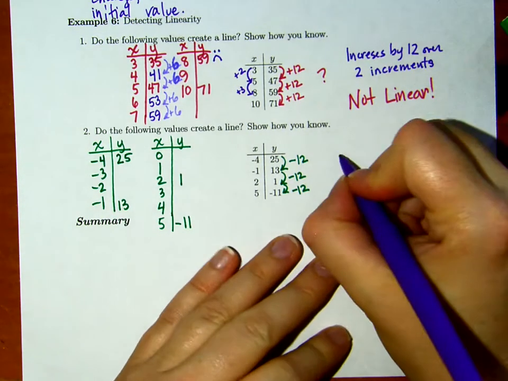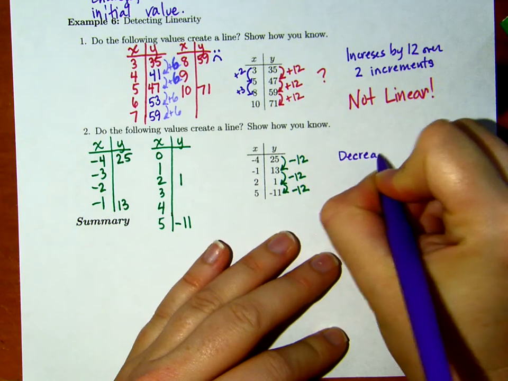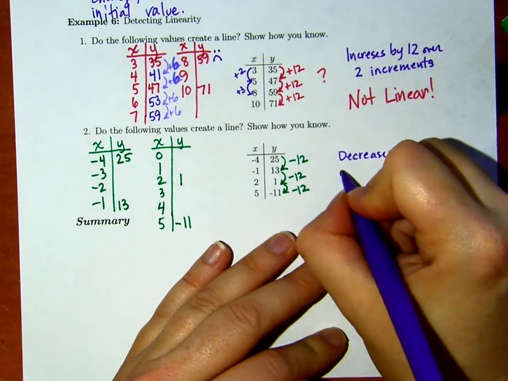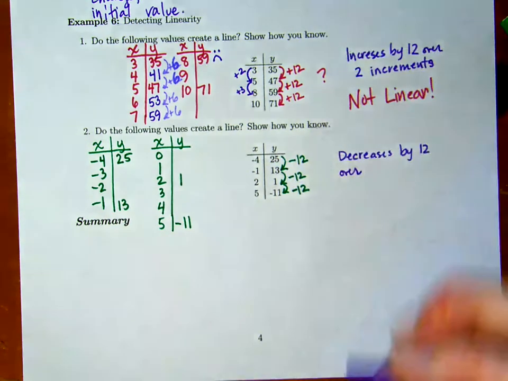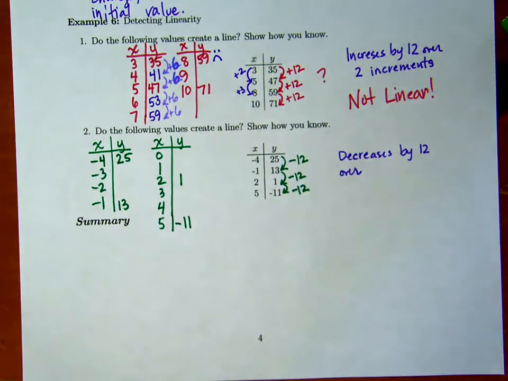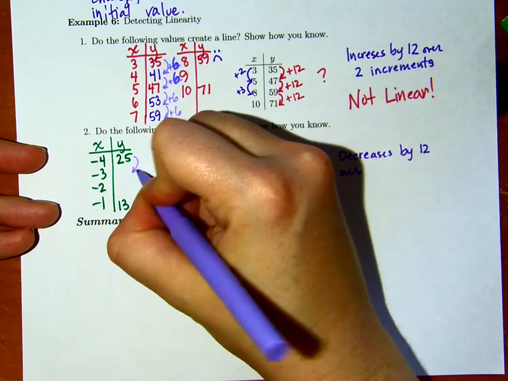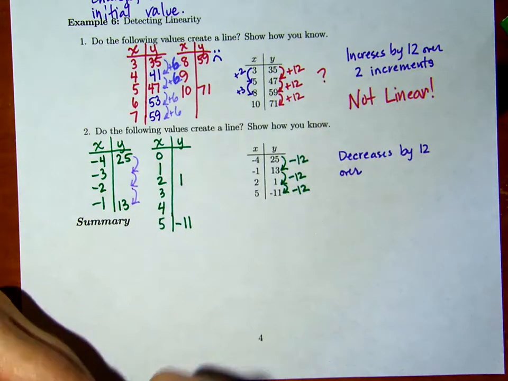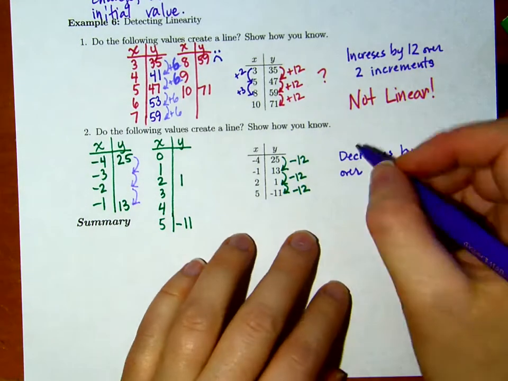Well, it decreases by 12 over, okay, how many times does this happen? 1, 2, 3. Over 3 increments.